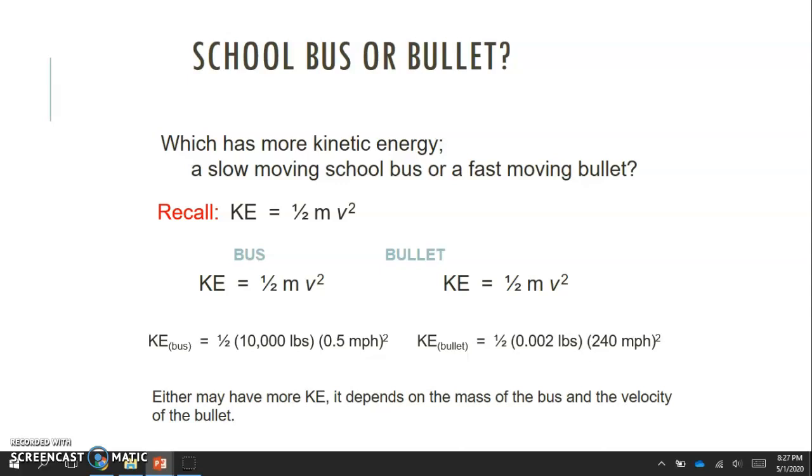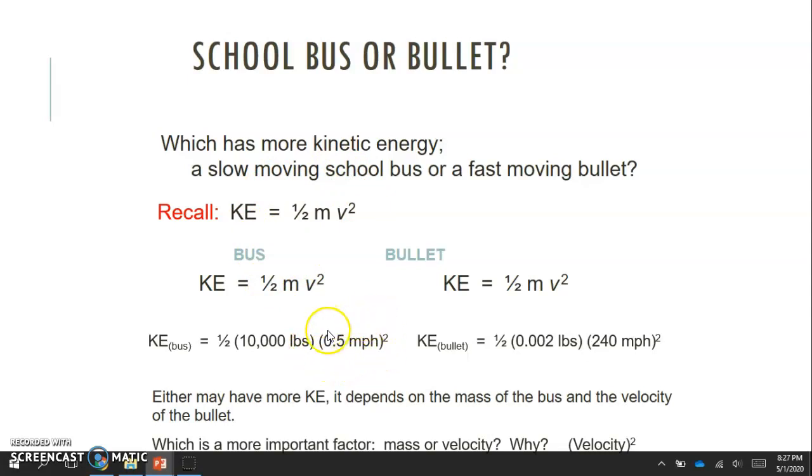So either one may have more kinetic energy. It depends on the mass of the bus and the velocity of the bullet. But which would be the most important factor, the mass or velocity? It's going to be the velocity. Why? Because in this equation, the velocity is squared.